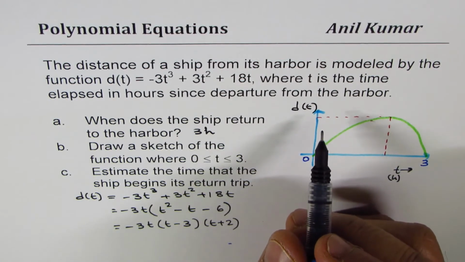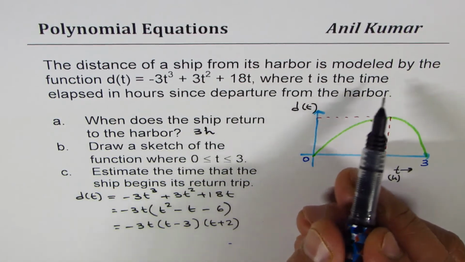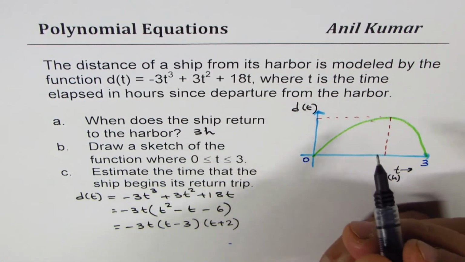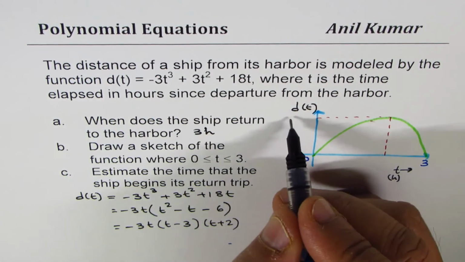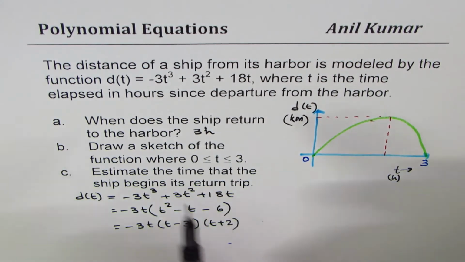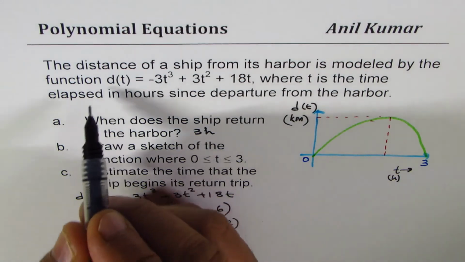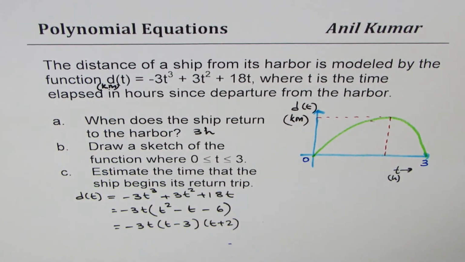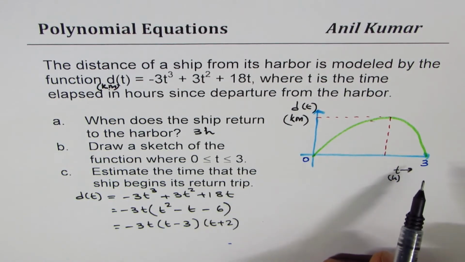The function does not say anything about the distance units, so let's say kilometers, right? So modeled by distance in kilometers. Okay, that is how it is going to be.